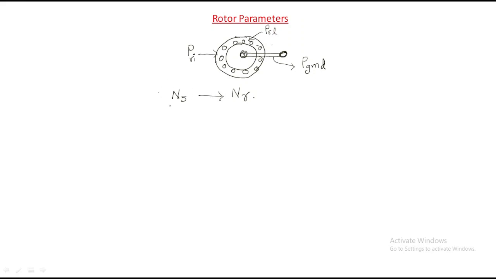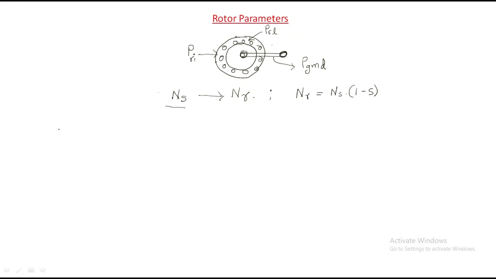Generally, we know the relation between rotor speed and synchronous speed: rotor speed is Ns into 1 minus s.